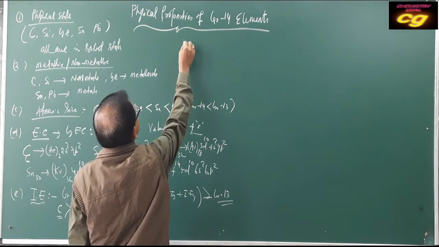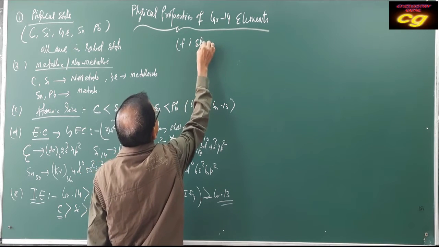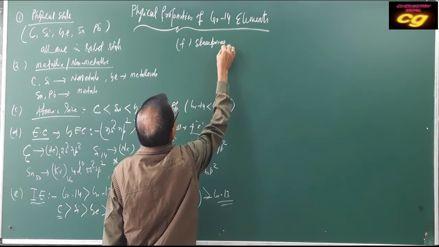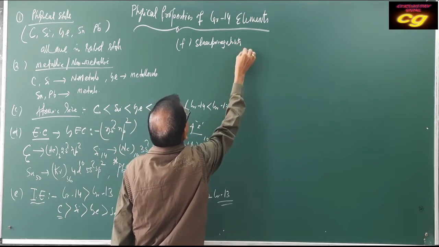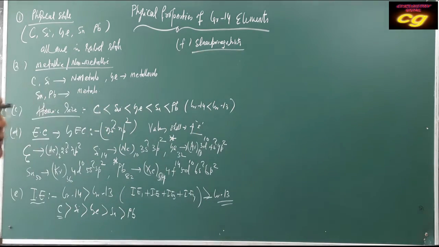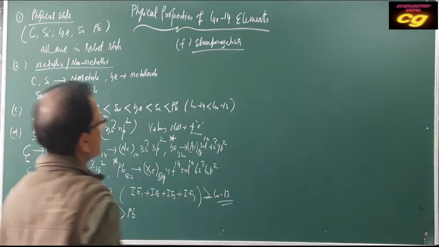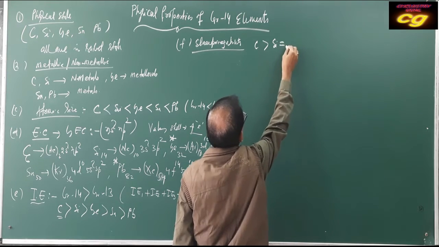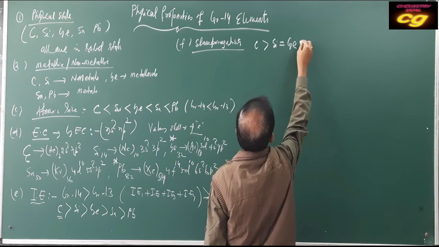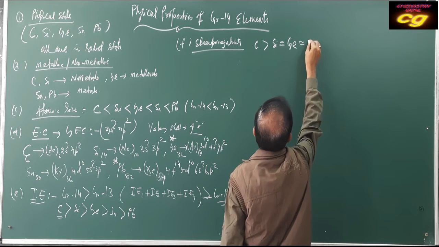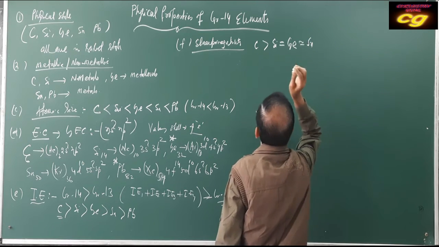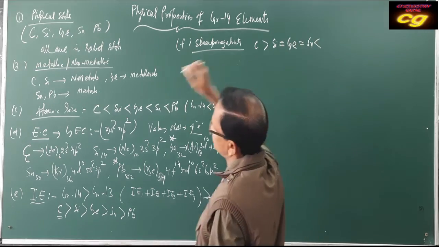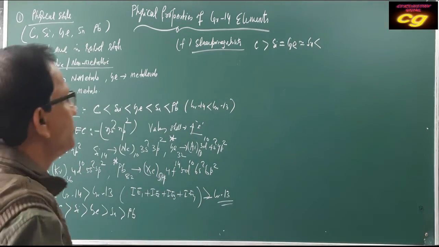Electronegativity. As some of them are non-metals, there is also electronegativity. Electronegativity as per the Pauling scale is highest for carbon. Carbon is greater than silicon, silicon is almost equal to germanium, which is equal to tin, but tin is less than Pb.